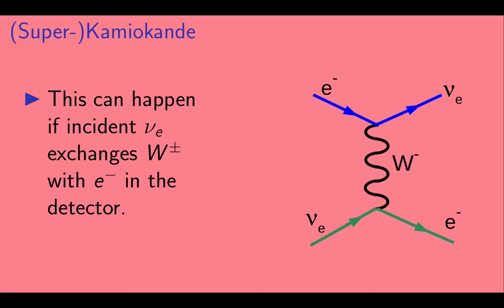An electron neutrino, at the bottom of the diagram, comes in and exchanges a W boson with an electron in the detector. This electron is at the top of the diagram. The neutrino turns into an electron, and the electron that was in the detector is converted into an electron neutrino. The electron that is created can emit light that is detected by the experiment.